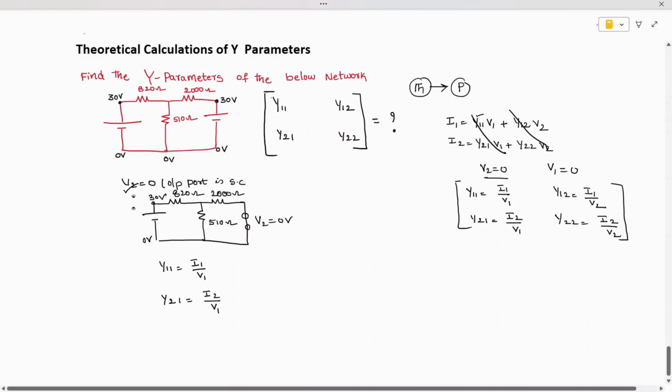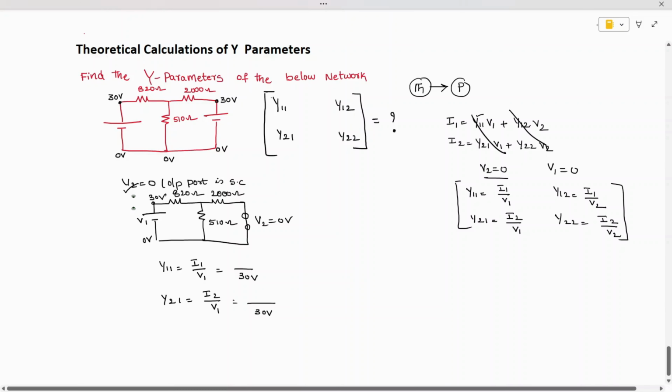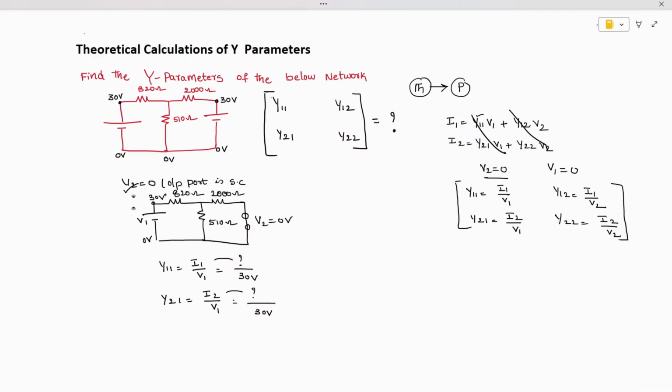In the given problem v1 is given as 30 volts, and v1 in the denominator is also 30 volts. The terms we need to determine are the values of I1 as well as I2.